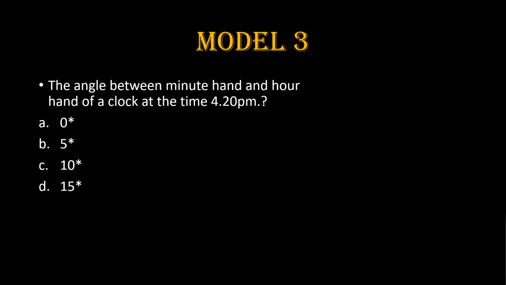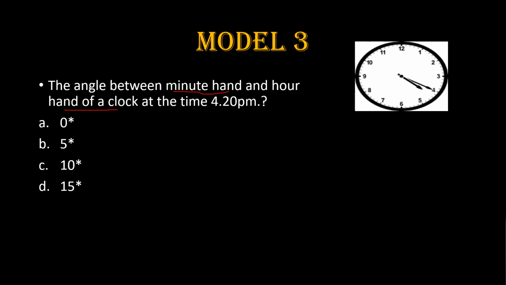So this is the model 3 question. The angle between the minute hand and the hour hand of the clock at the time 4:20 p.m. So in this question they have asked about the minute hand and also the hour hand. So the clock will look like this at 4:20 p.m. You have to find out the degree between these two hands, is the question.